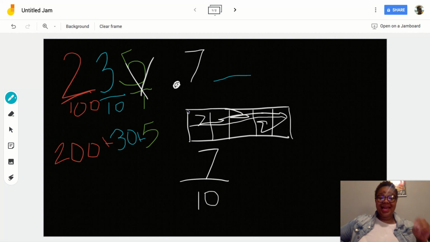Or if I had a whole shape cut into 100 pieces, how many of those pieces would I have shaded in? So that's all we're going to do, focusing on decimals today. Decimals are similar to our fraction unit. So we're just going to do that today, and then tomorrow we'll do a little bit more.